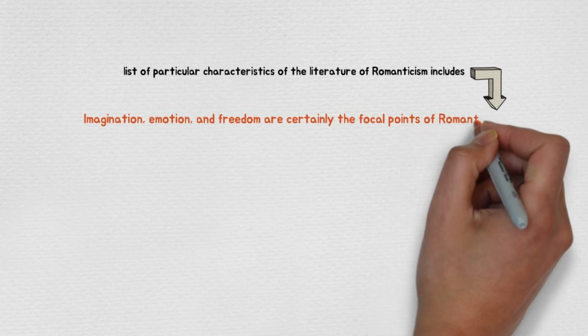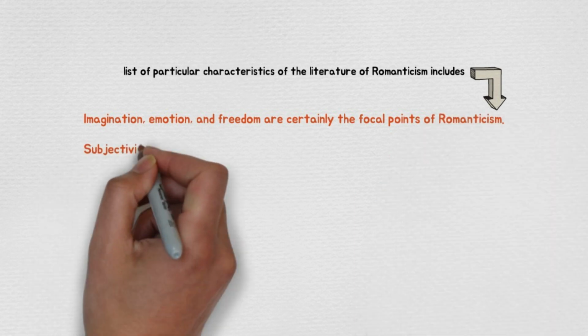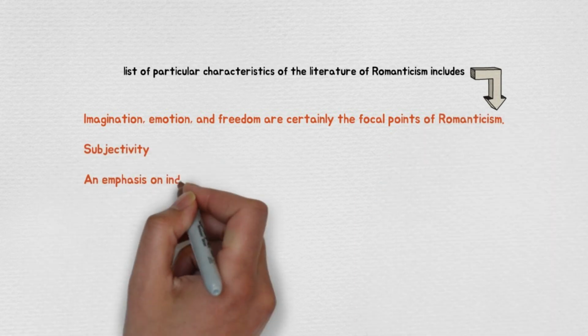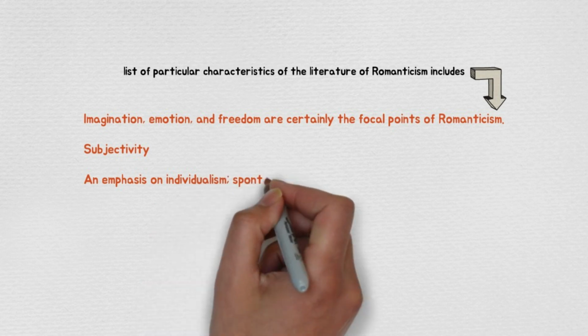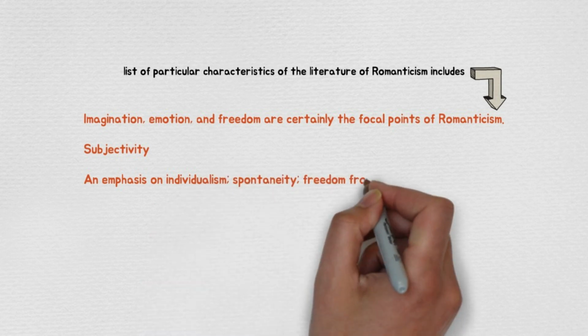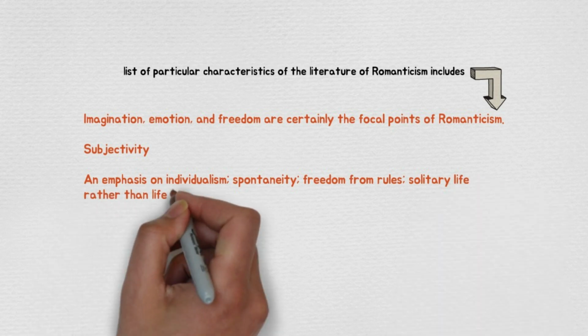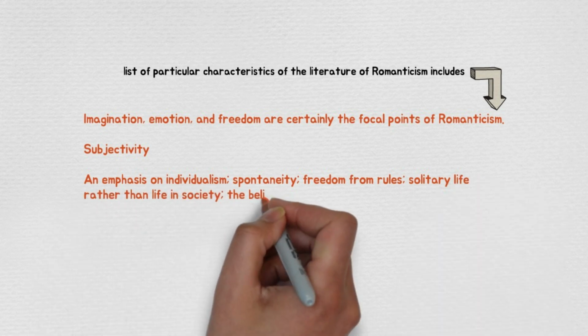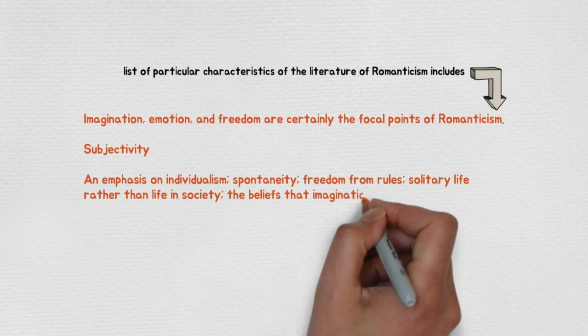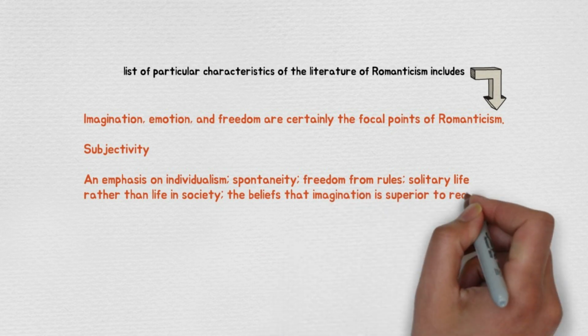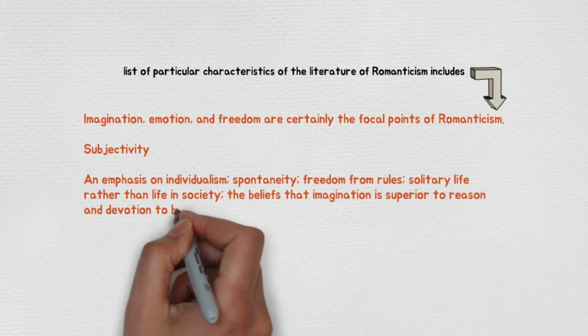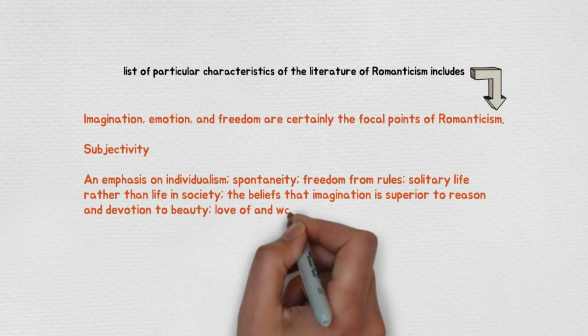Subjectivity was also an important characteristic of the Romantic period. An emphasis on individualism, spontaneity, freedom from rules, solitary life rather than life in society, the belief that imagination is superior to reason, and devotion to beauty, love of and worship of nature are all important characteristics of the Romantic period.